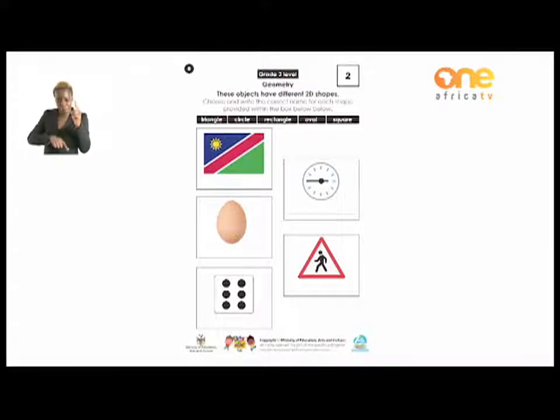So how many corners, and the corners actually form where the two lines are meeting. So how many corners can you see there? We can count also the corners, 1, 2, 3, 4. So in other words, the rectangle has 4 sides as well as 4 corners.